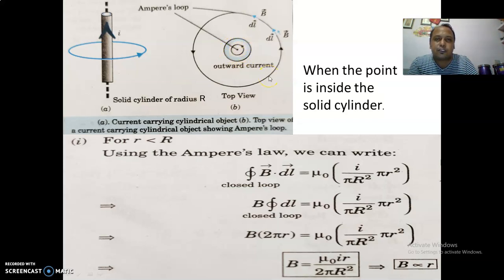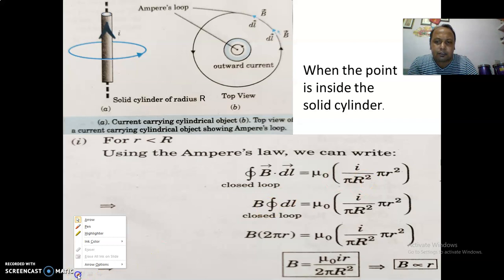First of all we will find the current per unit area of the cylinder. Total current is I and the total cross sectional area is pi capital R square. So this value represents current per unit area.